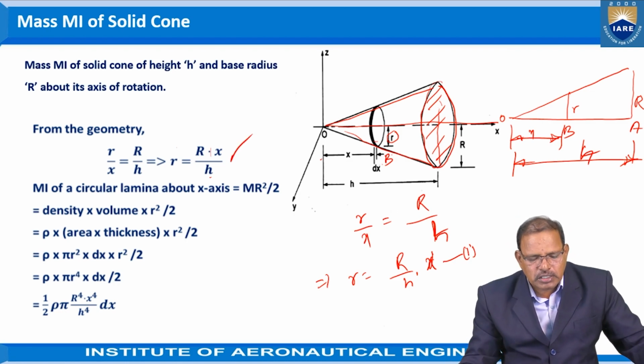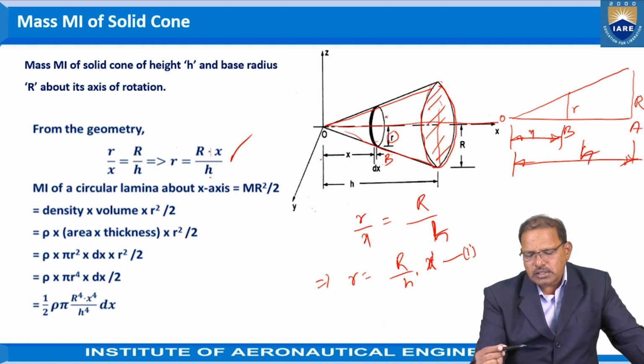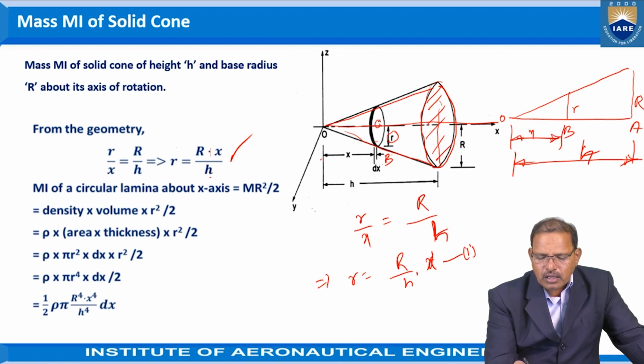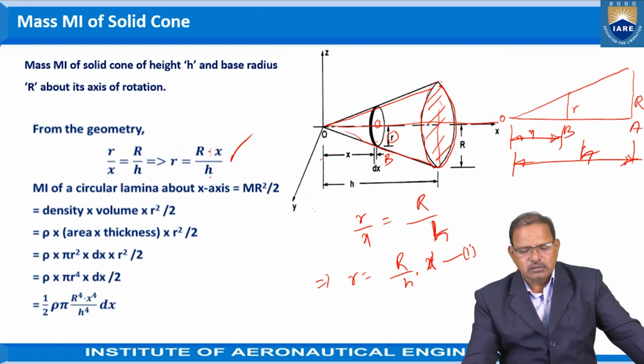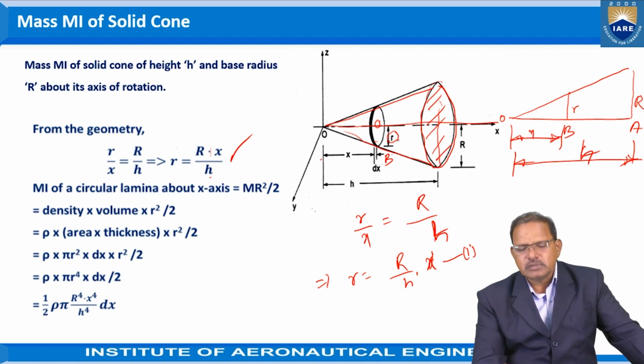The moment of inertia of a circular lamina about the x-axis, since it passes through the centroid of the circle, is equal to m r square by 2, where m is the mass of the element and r is the radius of the circle.